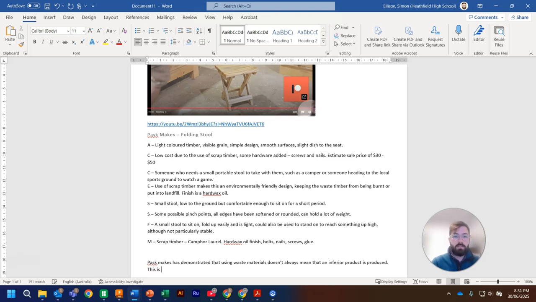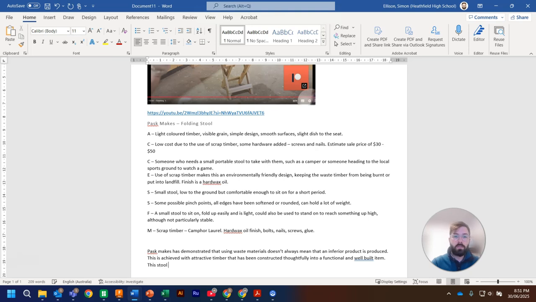This is achieved with attractive timber that has been constructed thoughtfully into a functional and well built item.